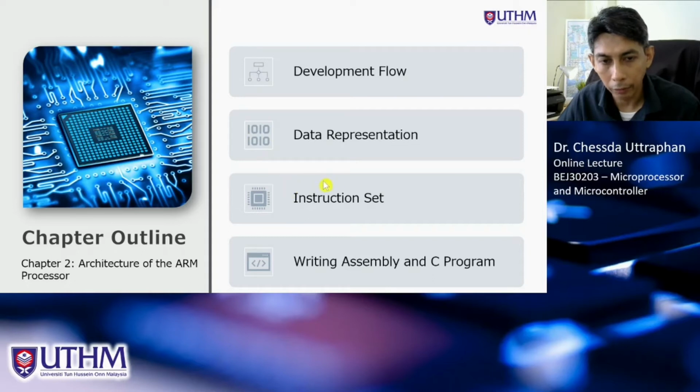We have looked at most of the instruction set already, and today we will continue on the last group of the instruction set, which is program flow control. We will also look at how to write the complete program based on what we have learned, the instruction set.